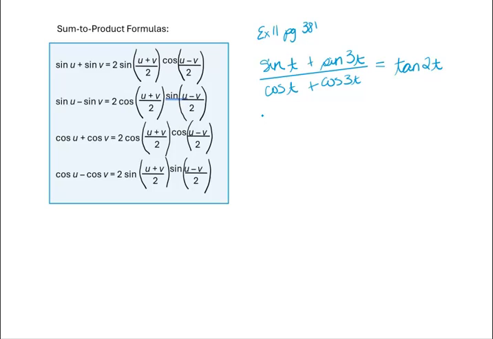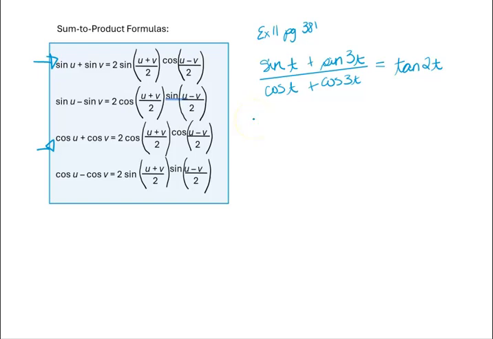We've got a sine u plus sine v over cosine u plus cosine v. So we are going to be using this sum to product formula and this sum to product formula. My u is t and my v is 3t, and I'm going to work with just the left side.